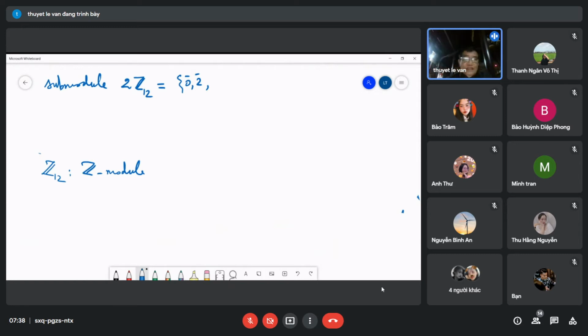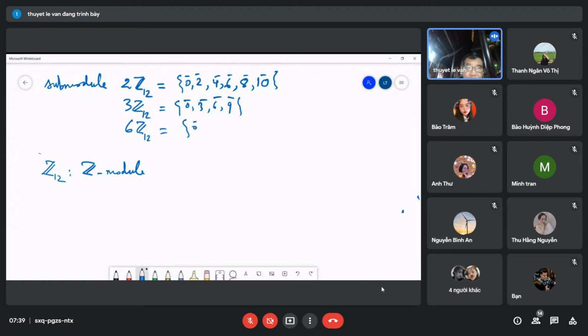And 3Z12 is equal to 0, 3, 6, 9, and 6Z12 is equal to 0, 6.